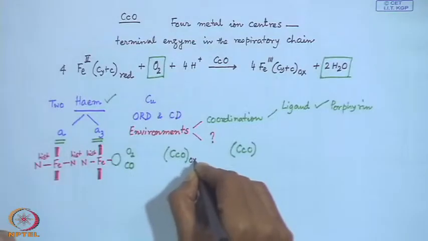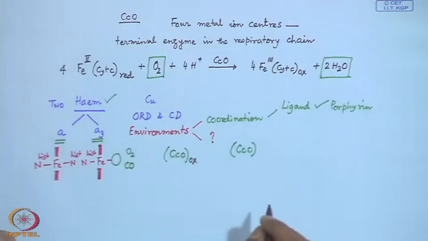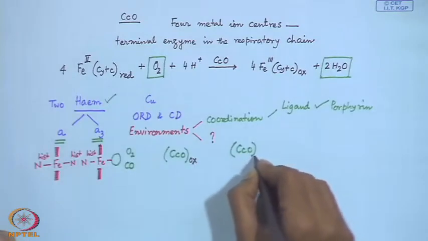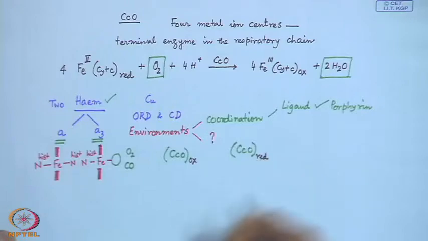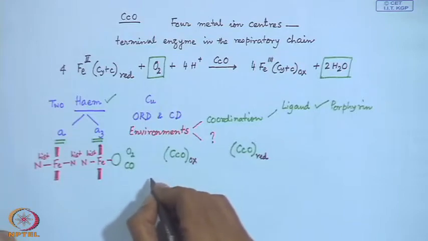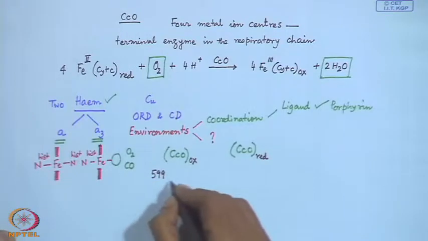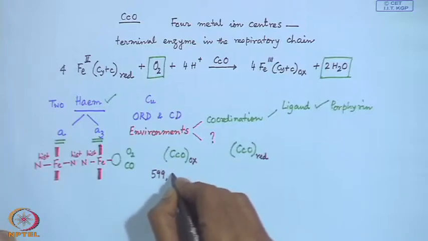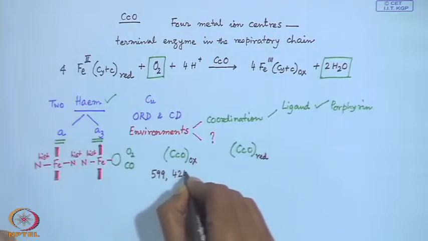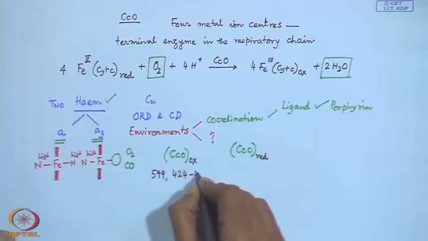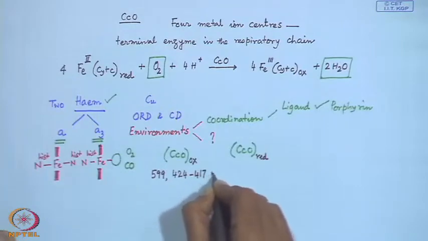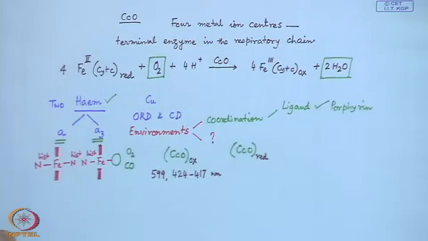So, if we are able to find the corresponding lambda max values for the oxidized form and the reduced form, those are sometimes very characteristic, because in this particular case in the visible range it shows a band at 599 nanometer, then 2 or 3 bands in the range of 424 to 417 nanometer, that means the high energy range.